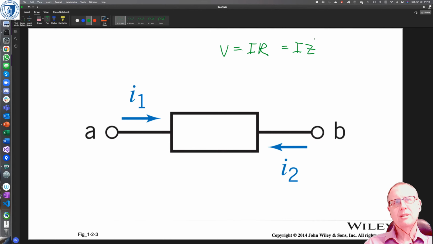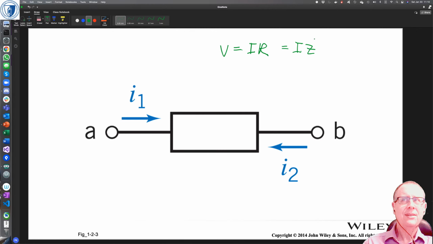Right here we've got a device, say it's a resistor, it doesn't have to be, it's a generic box device, and it's got a current I1 flowing into A and therefore flowing out of B, and it's got a current I2 flowing into B and therefore probably flowing out of A. And the two currents are going in the opposite direction to each other.